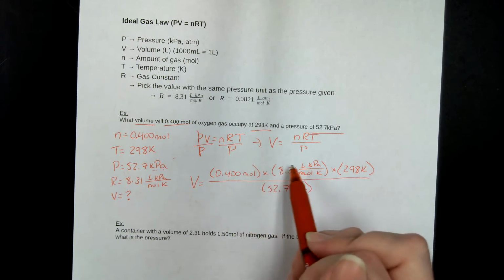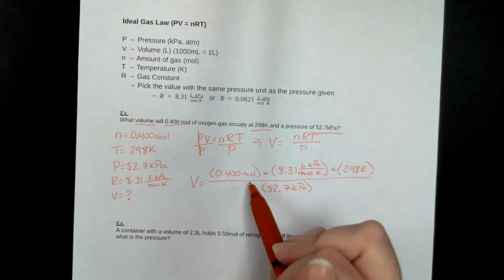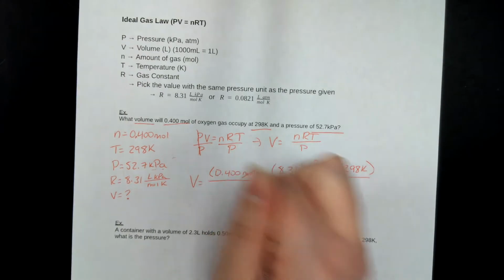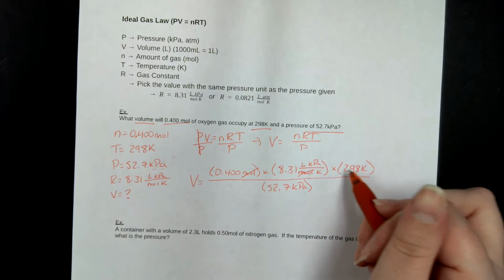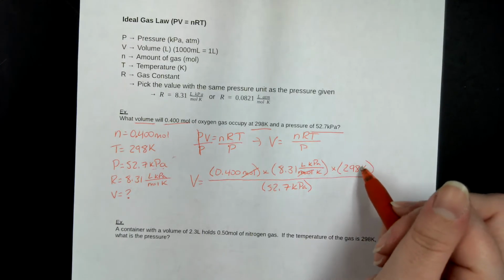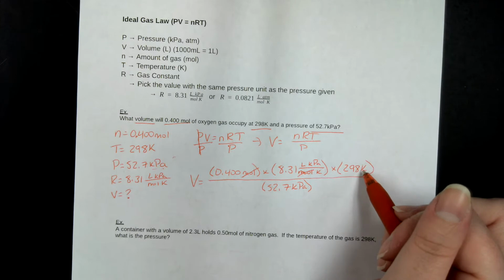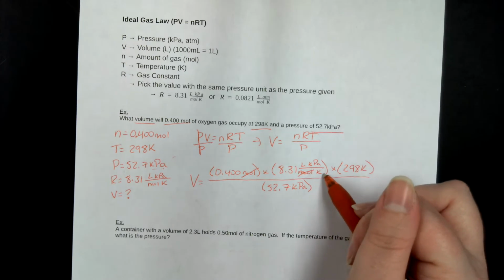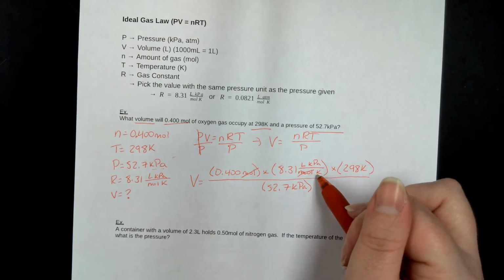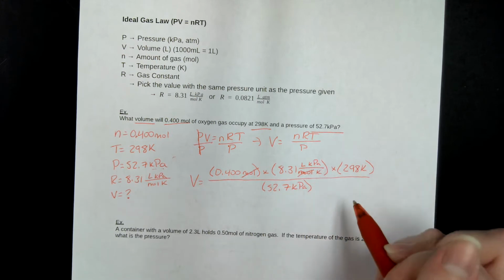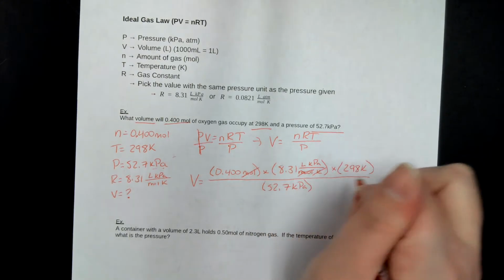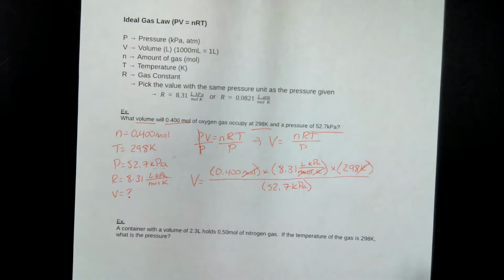So when we multiply these two things together, moles will cancel out. In the same way, Kelvin is the unit here, and Kelvin is on the bottom of the R unit, so Kelvin will also cancel out.